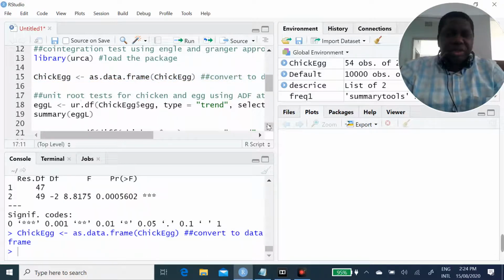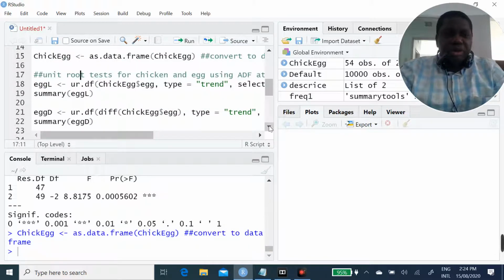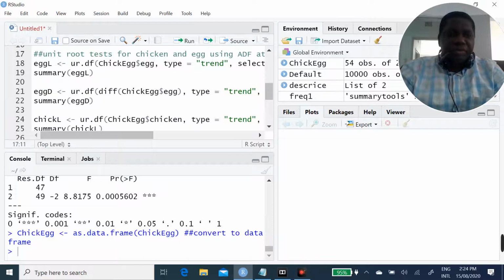And we need to perform the unit root test. Here we want to use augmented Dickey-Fuller. First at levels, that's why I say egg L, it means we want to perform the unit root test on egg at levels. We do that also for chicken.